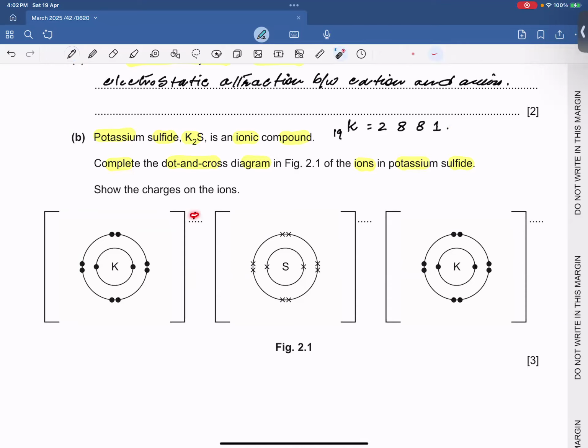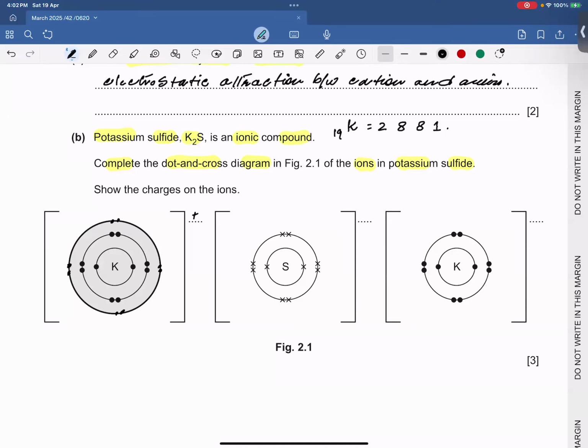So when a positive charge appears, it means 1 electron is lost from the valence shell, so I need to mention this valence electron also. So this is 2, this is 4, this is 6, and this one is 8.